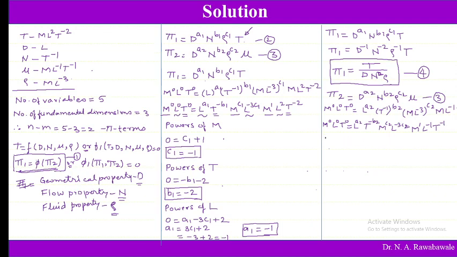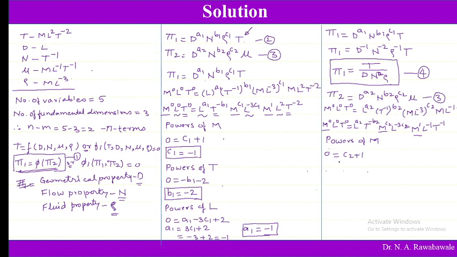Collecting powers of M: on the left hand side the power of M is 0, which is equal to c2 plus 1 on the right hand side.